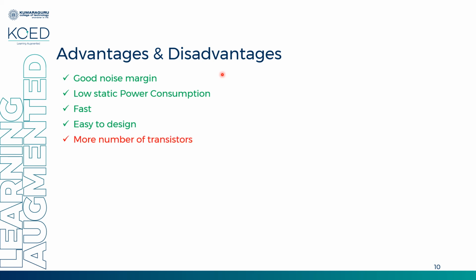Okay, but what is the disadvantage? More number of transistors. You can justify this disadvantage when you learn about all the logic styles, such as dynamic and domino, and other logic design styles. You will understand that CMOS is taking more transistors. So that's all about your CMOS static logic.